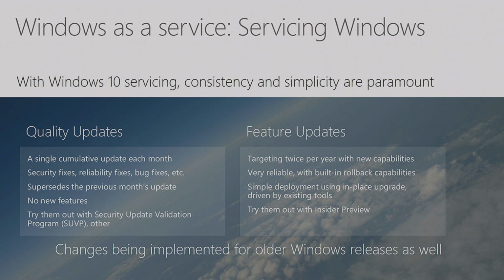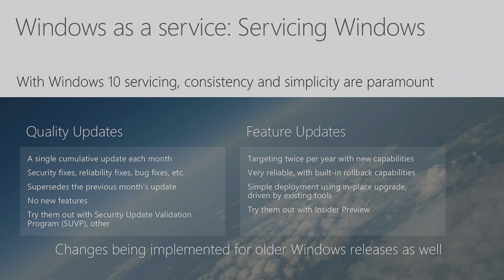The quality updates, it's also worth mentioning that we tend to simplify it a little bit when we're talking about one new update per month. It's actually a little bit more than that. We'll release updates at other points during the month, but never with any security fixes. The security fixes will be in the Patch Tuesday update, but on other Tuesdays in the month you may see additional updates with new non-security fixes in them.